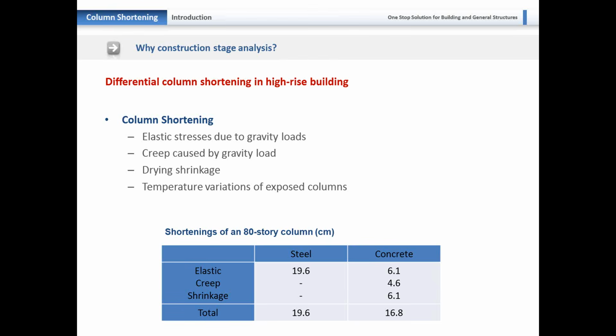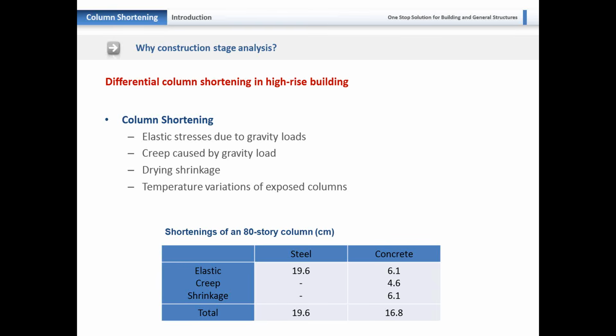This slide before your screens shows you the four major causes of column shortening. You have the elastic stresses that arise from gravity loads, creep, which is again caused by the permanent loads or the gravity loads, drying shrinkage, and temperature variations in the exposed columns.